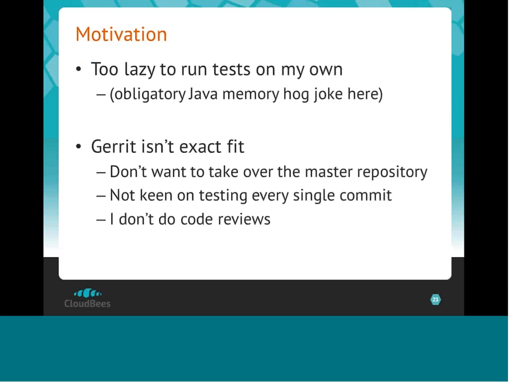We thought this was a great idea, but we also wanted to take the same approach so that you can use it even when code review isn't involved. If you're one of the primary developers of the project, you might not need someone else to review the code, but you do want to make sure the tests pass before the change lands in the repository, because otherwise it will break the build.